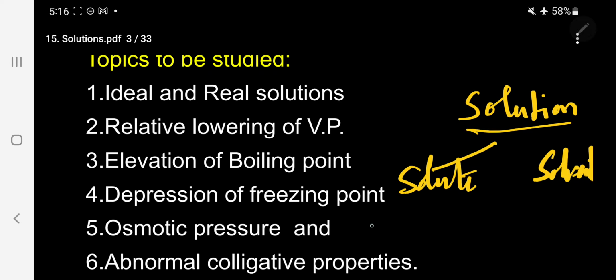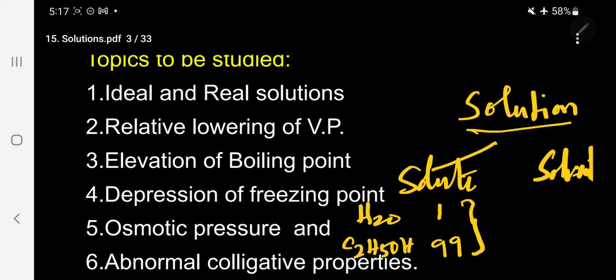Let me take an example of two things. One is water, and I will take alcohol. Alcohol means ethanol, ethyl alcohol. Please follow. So first I am taking 1 gram of water, then 99 grams of ethyl alcohol. So totally 100 grams. So this is the solution now. I have to know what is solute, what is solvent.